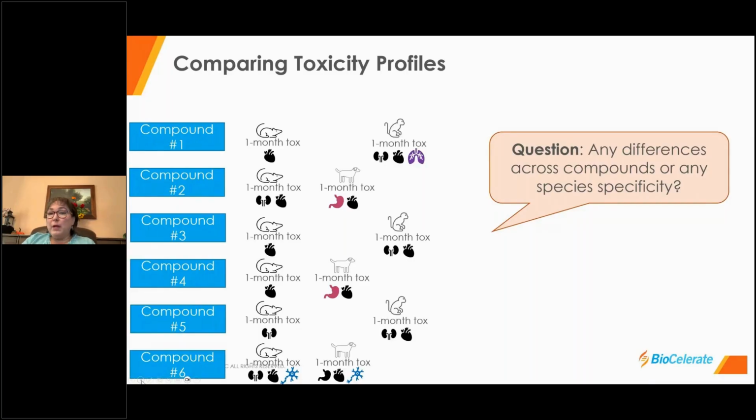And then maybe you're observing that in your 1-month dog studies you're seeing GI toxicity, where you're not seeing that, let's say, in the monkey. And maybe that is an expected finding for this drug class. And then maybe with compound 1, you're seeing in the monkey some new respiratory finding, and that's different from everything else. So maybe that leads to additional questions. So again, it's really adding more studies, seeing what's similar, seeing what's different. Whatever question you have, you can apply it to this system. Next slide, please.